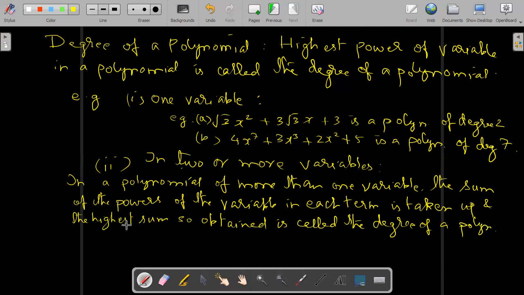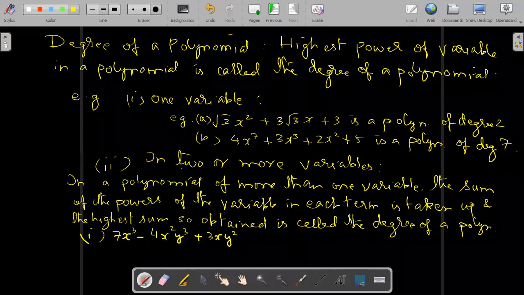For example, 7x cube minus 4x square y cube plus 3x y square plus 3y plus 9.